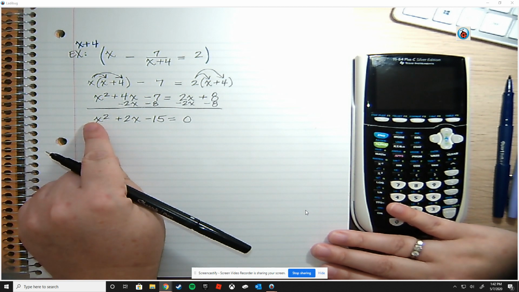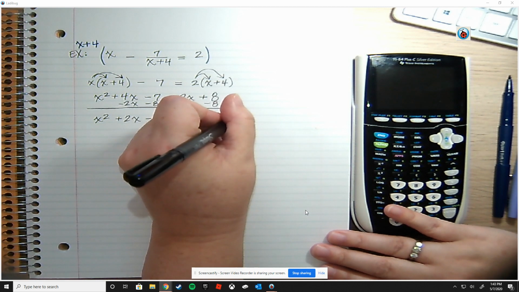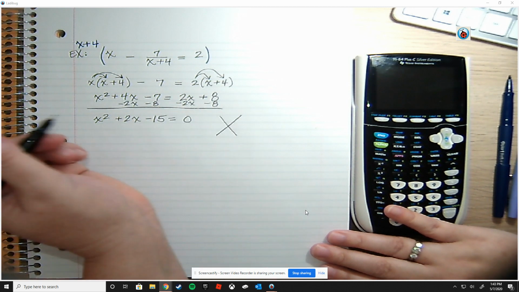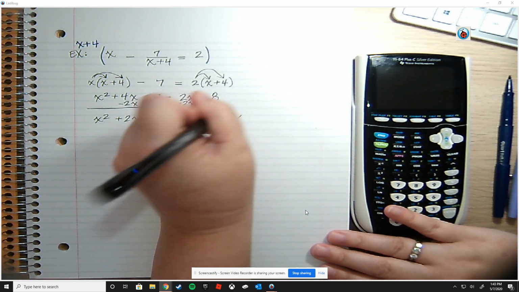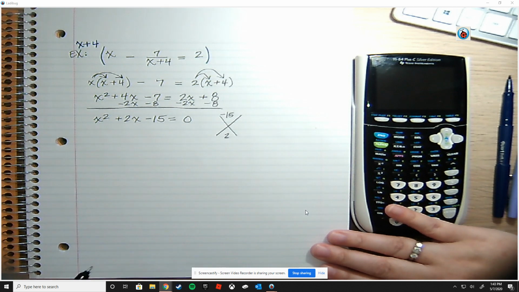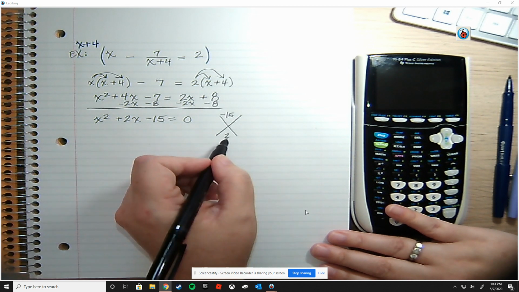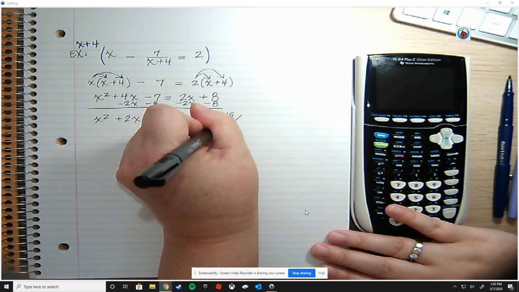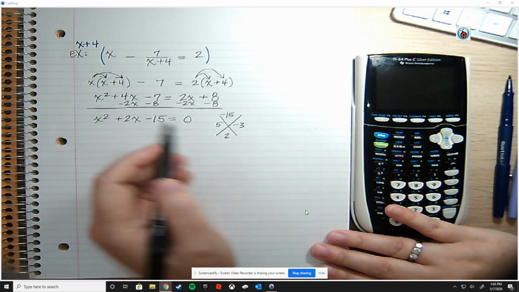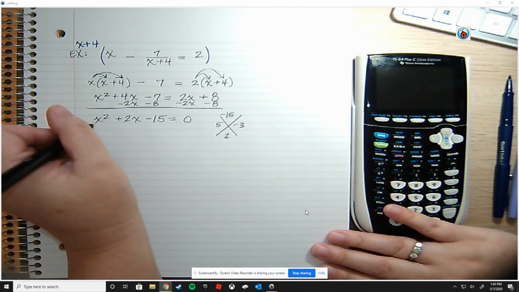Now, if you are unable to factor it, meaning you are unable to solve it using the X puzzle as you've been taught, you are going to need to use the quadratic formula. So if I want to get 2, I'm going to use 5 and negative 3. 5 times negative 3 is negative 15, and 5 minus 3 is 2.